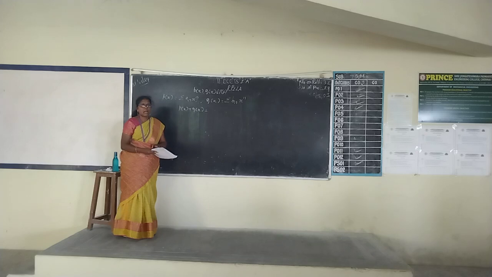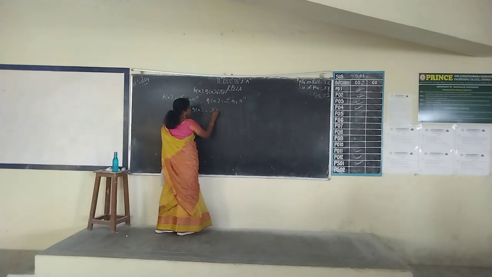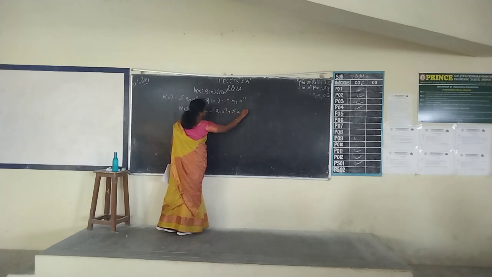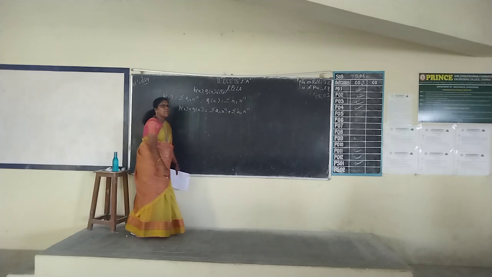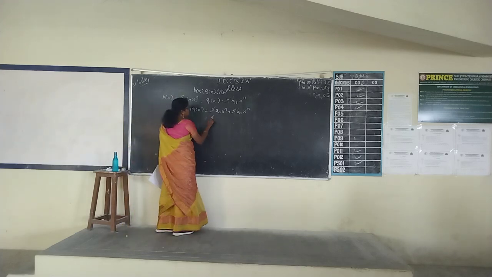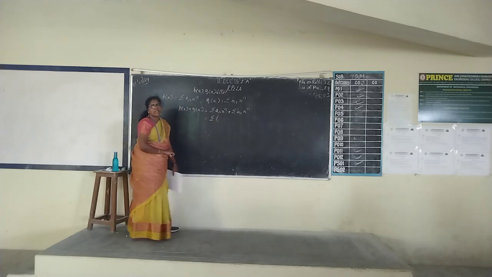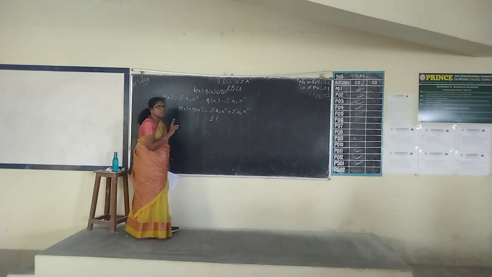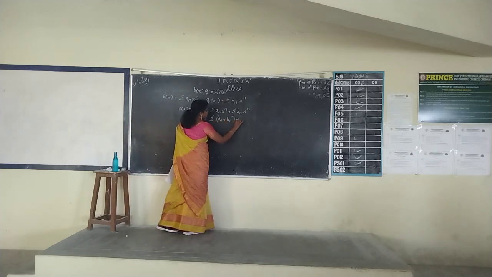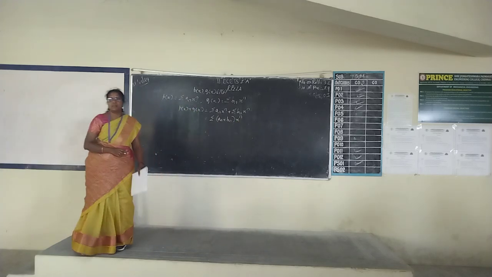We are writing it for a general one. So when you add, you take the summation of an plus bn into x power n, because we are going to add the corresponding coefficients.